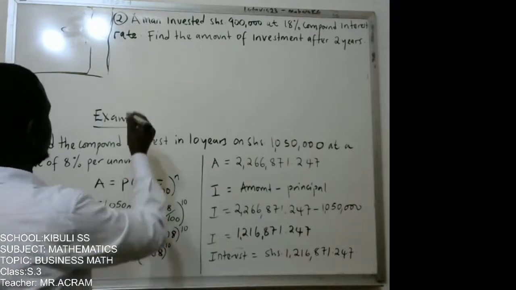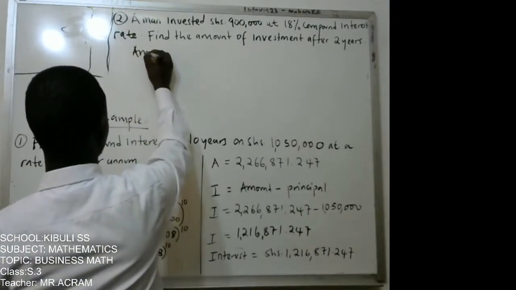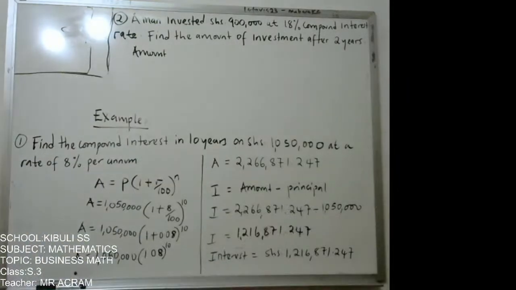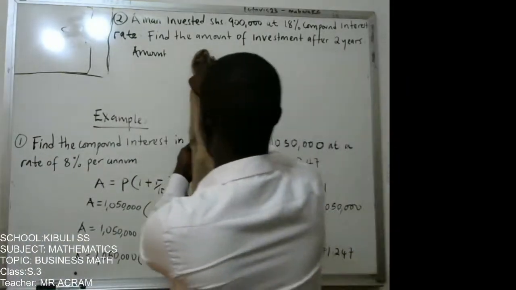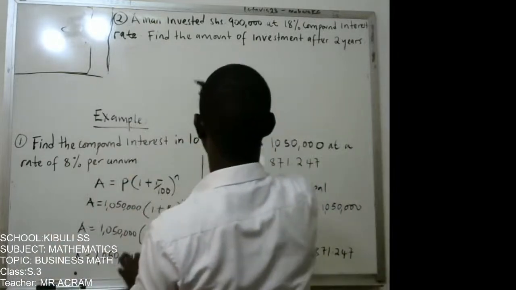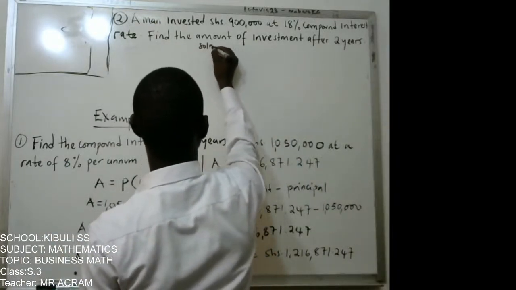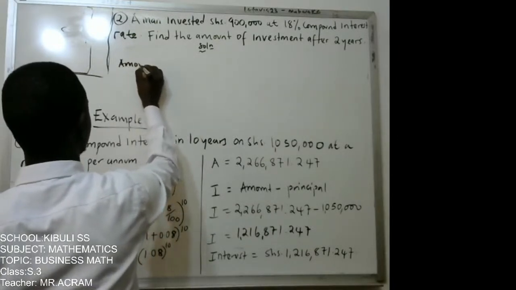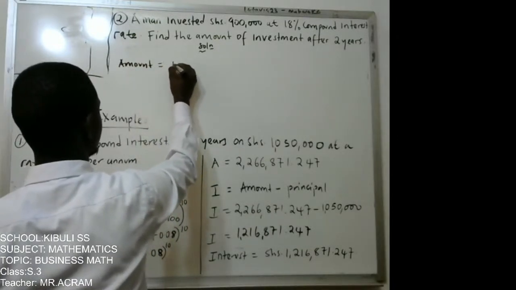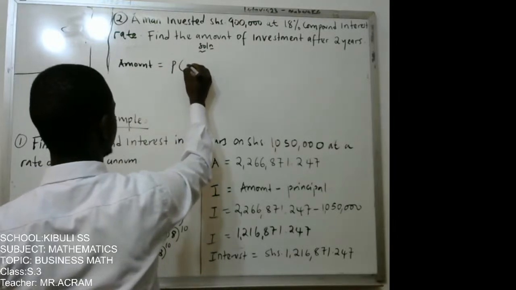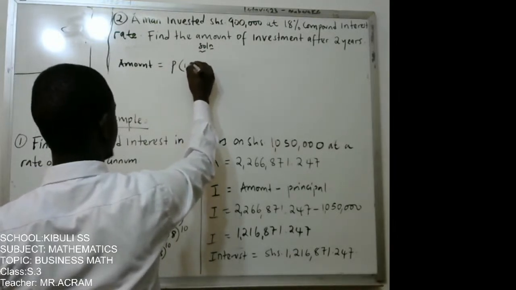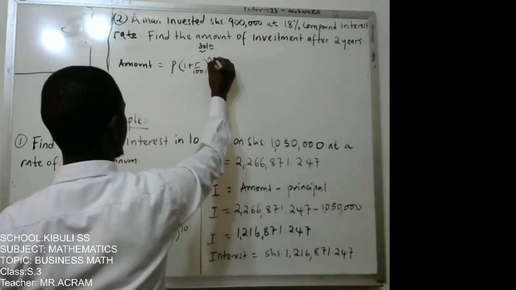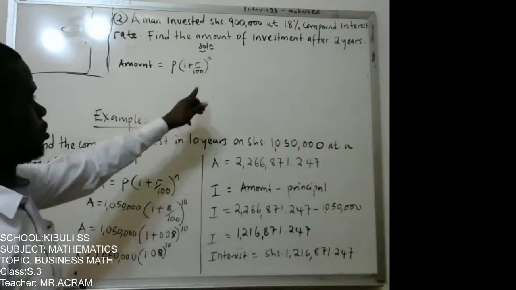So we come here and say, this is the solution. Amount is equal to principal into 1 plus r over 100 power n. Another person can be using t here.